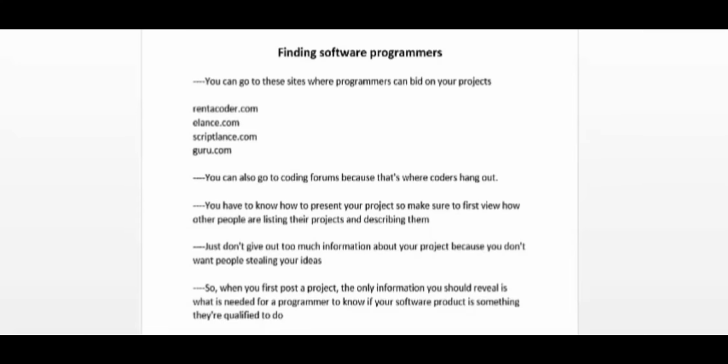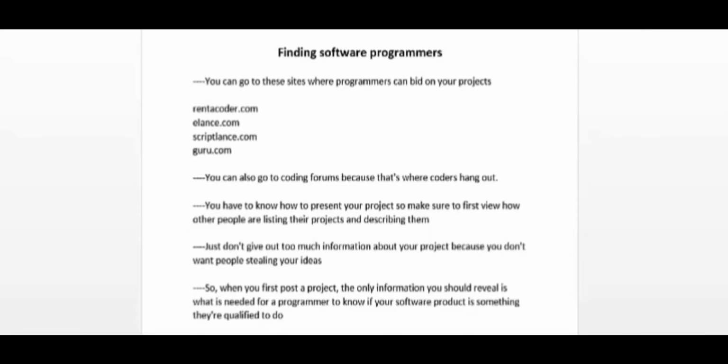Okay, so I've listed a few of the most popular sites where you can find programmers: rentacoder.com, elance.com, scriptlance.com, and guru.com. And you can also go to coding forums or other types of forums where programmers hang out to find people that are passionate about creating software products.